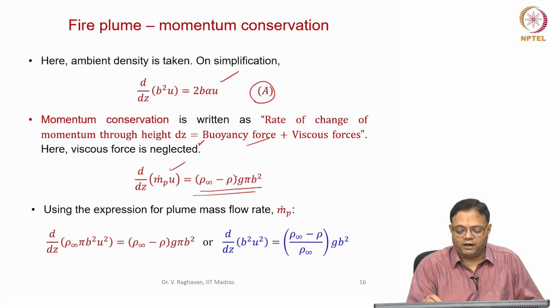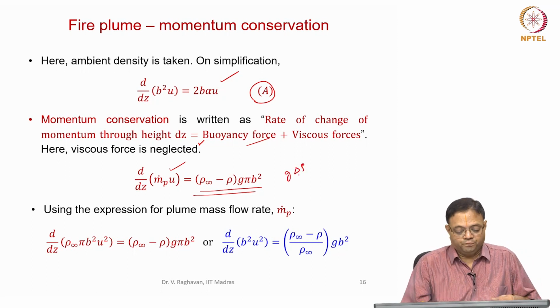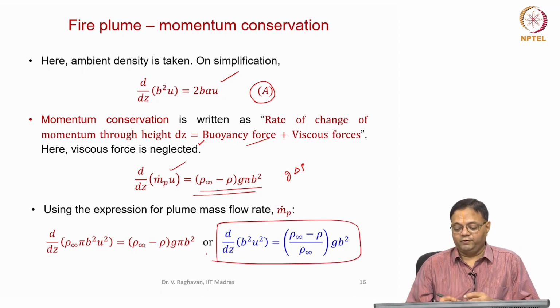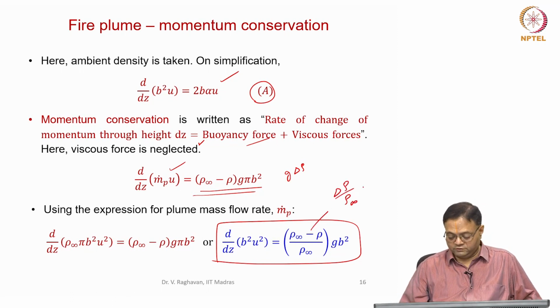So delta rho into g will be the buoyancy force basically. Based upon that, I get this equation for the momentum conservation, where this term is delta rho by rho infinity. We will discuss this.